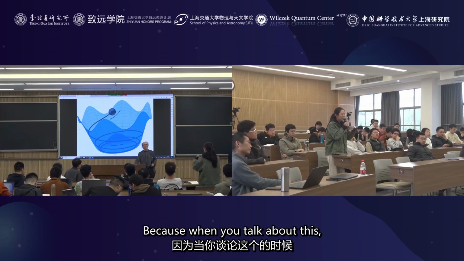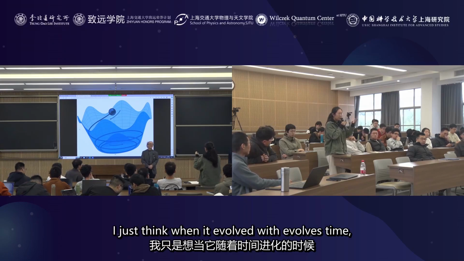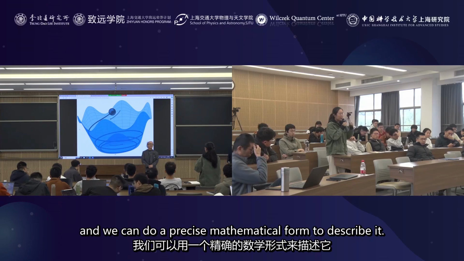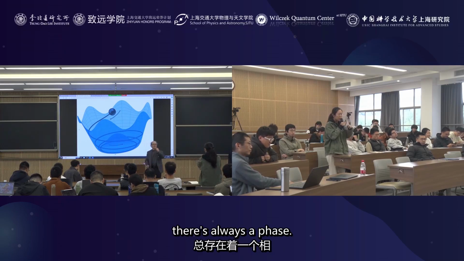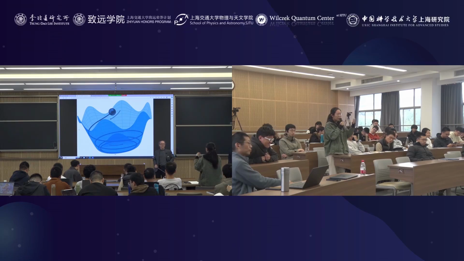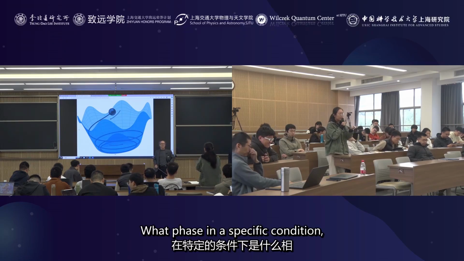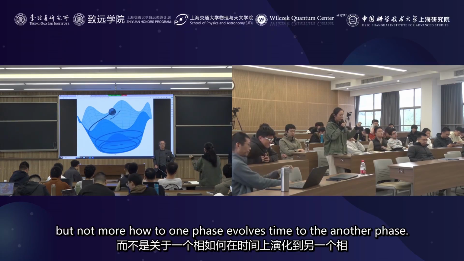Okay. Because when you talk about this, I just think when it evolves with time, we can find a precise mathematical form to describe it. But when doing research on phase transitions, there's always what phase in a specific condition, but not how one phase evolves with time to another phase.